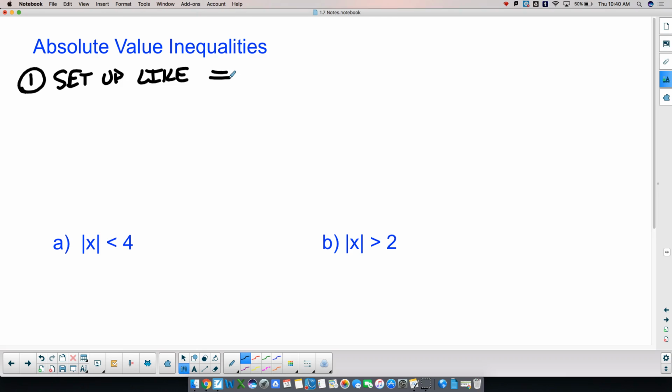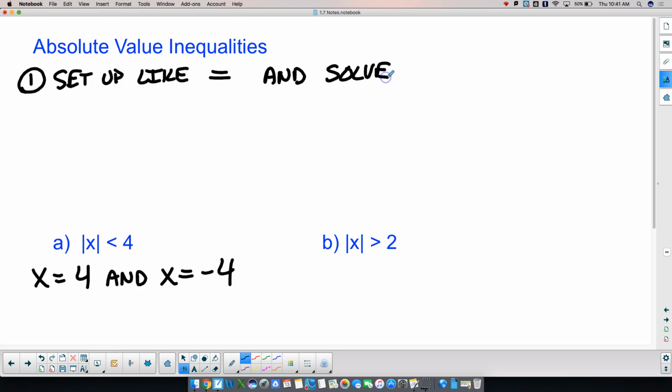Okay? So here, like in A, I would say x equals 4 and x equals negative 4. So I still do that. And I still solve those. That sets where my numbers are for my number line.